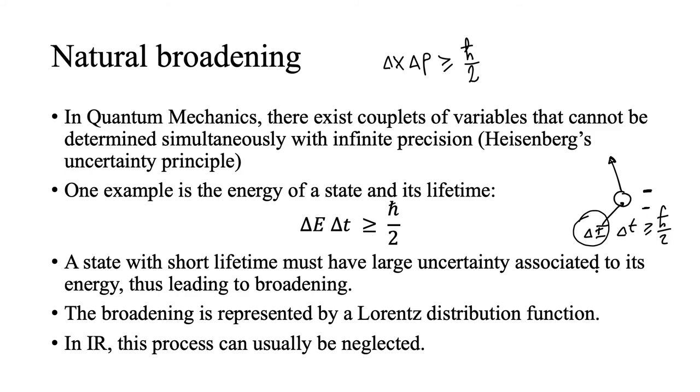And so the spectral energy cannot be known with perfect precision. There's always going to be a little bit of uncertainty, okay? And this broadening is represented by a so-called Lorentz distribution function, okay?